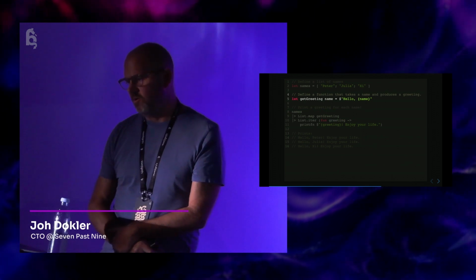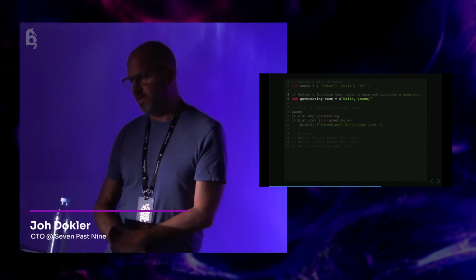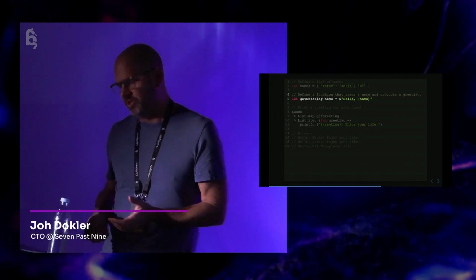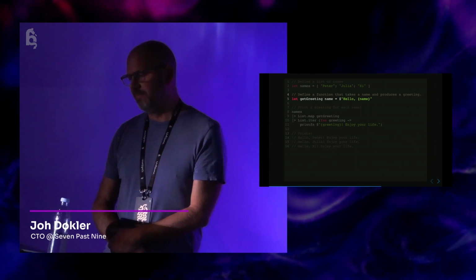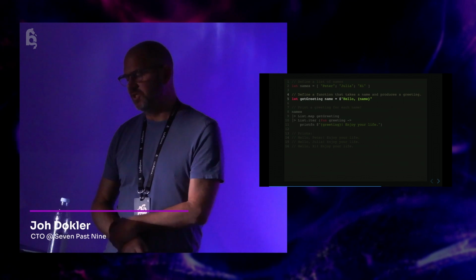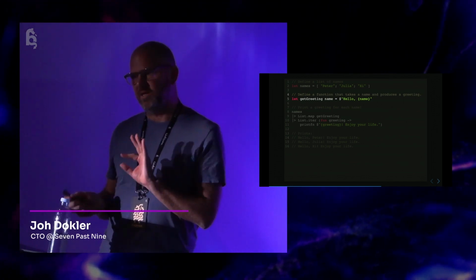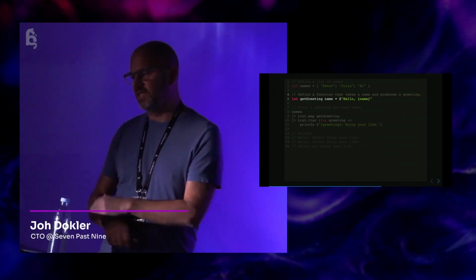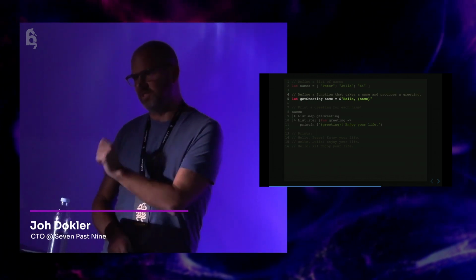The next thing we do is define a function which takes one argument, in this case a name, and does something to it, which in this case prepends hello and a comma. You can see from these two definitions that they look the same, right? There is no distinction between defining a list and defining a function. The only difference is that the second definition has this one parameter, which is a name.